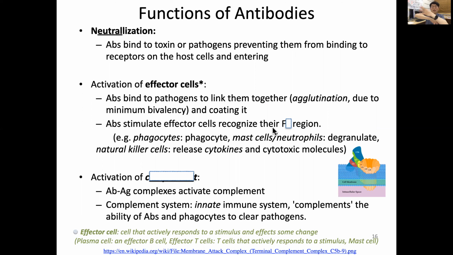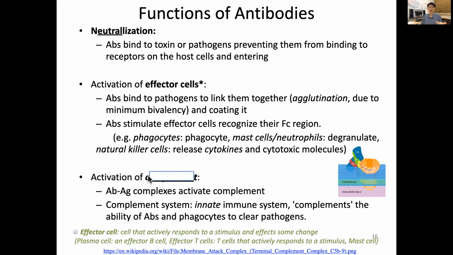The remaining part is the constant region, or constant fragment, the Fc, which is recognized by the effector cells. So for example, phagocytes will phagocytose these cells, or mast cells or neutrophils will recognize it and degranulate, giving cytokines too. Also, natural killer cells release cytokines and cytotoxic molecules to kill those cells.